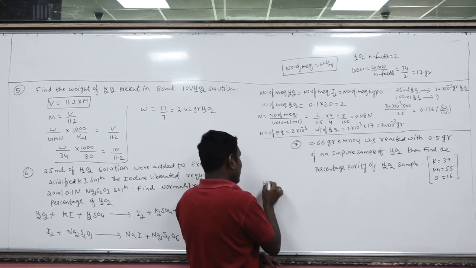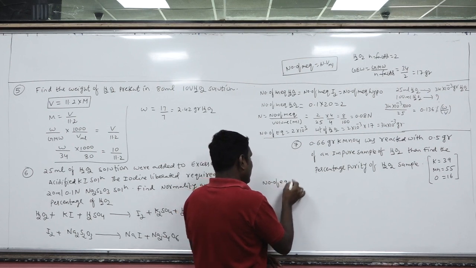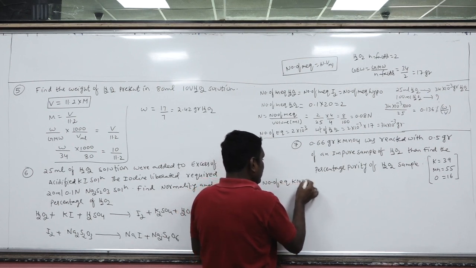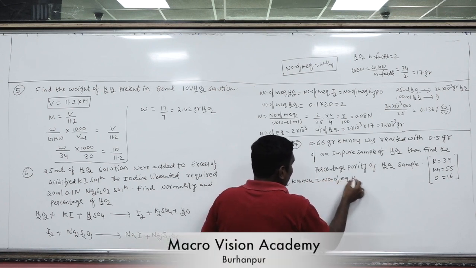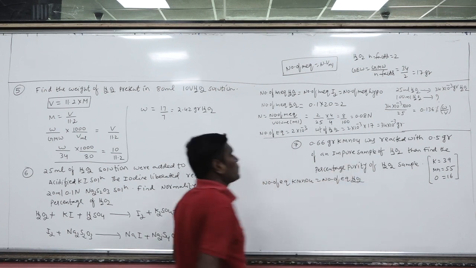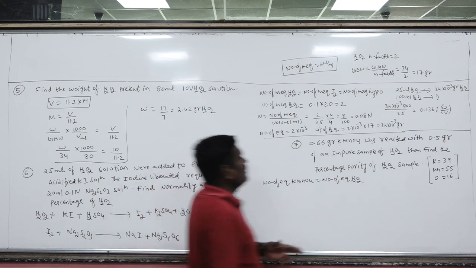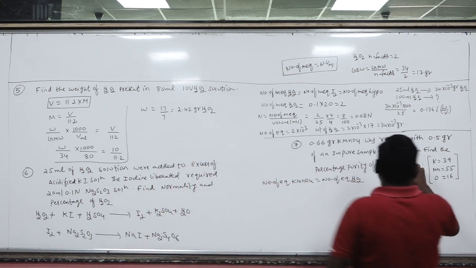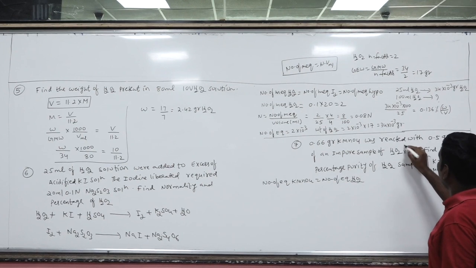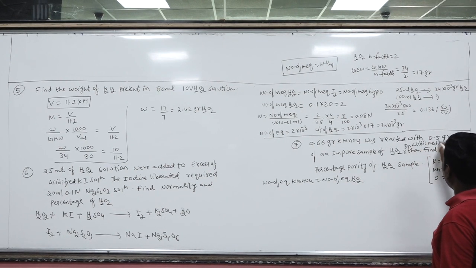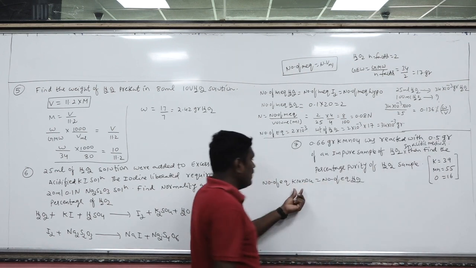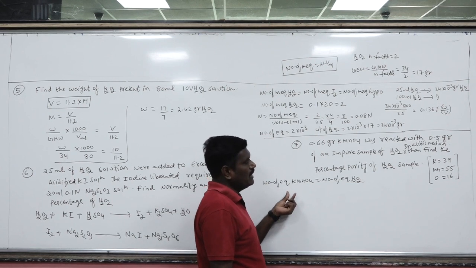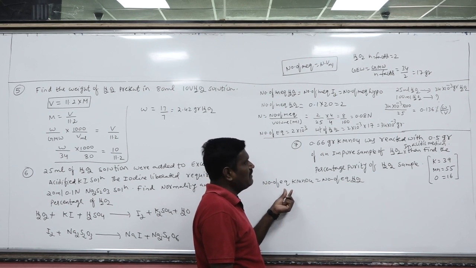So what I am writing here: number of equivalents of KMnO4 is equal to number of equivalents of hydrogen peroxide. Okay. Remember this question: the medium is not given, so take acidic medium. Because the n factor of KMnO4 depends upon the medium of the reaction.